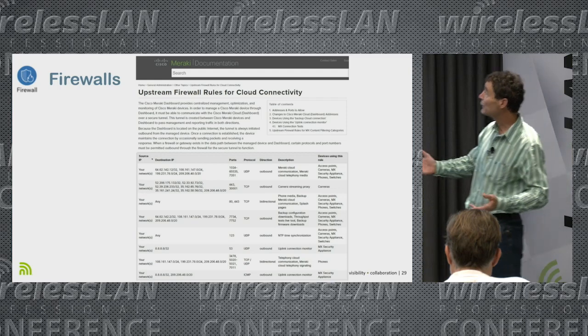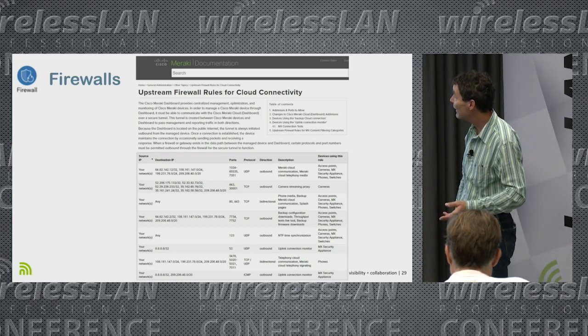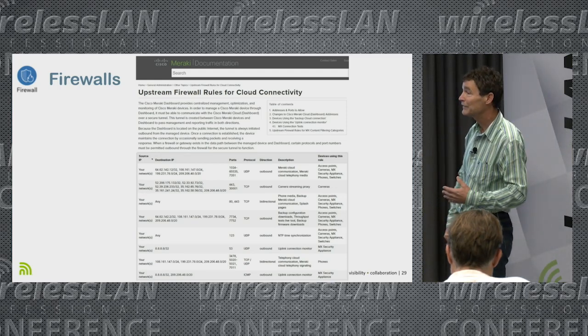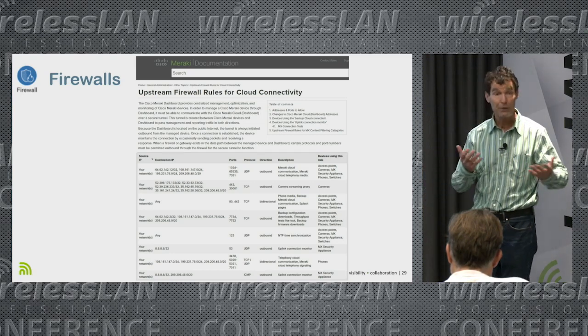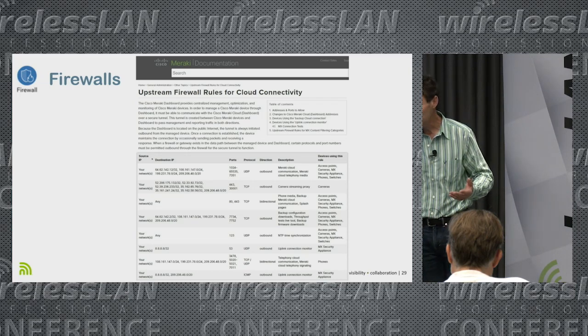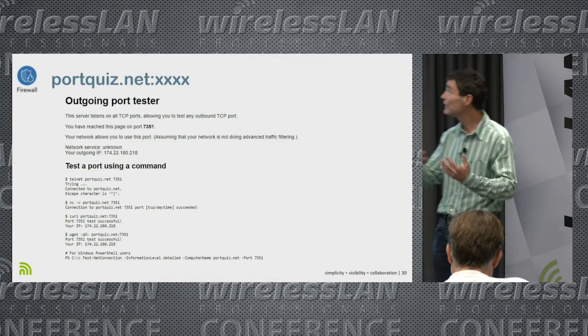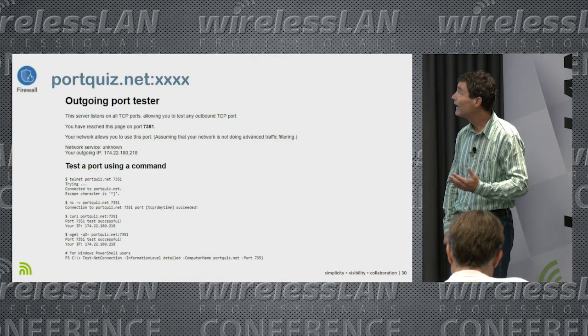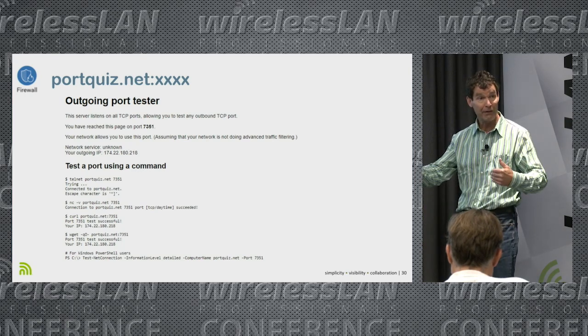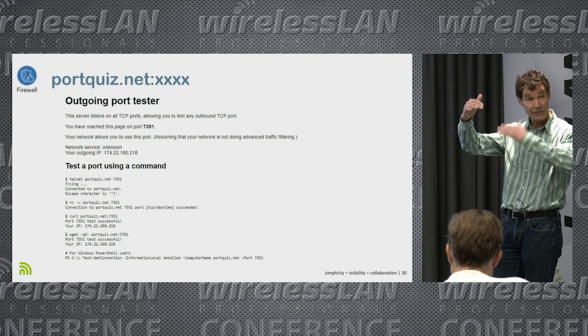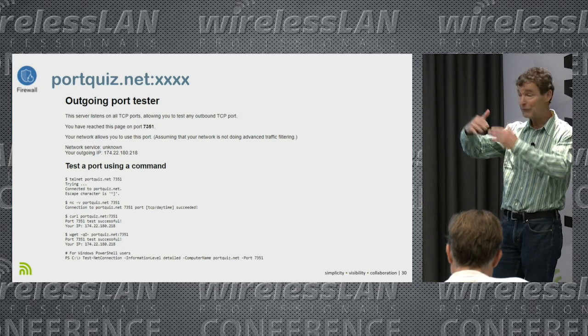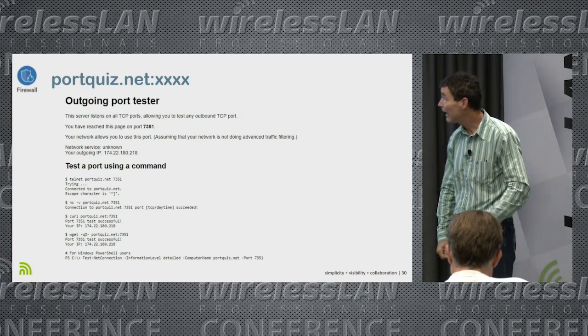And so I went to look at the rules, in this case on Meraki, and wow, it's pretty extensive. That thing uses a bunch of ports, right? And there's a chance that those ports may not be open in the environment you're in. So anyway, I found this cool little website, if you want to know if a port's open on a firewall, where it basically responds with a TCP SYN-ACK on any port from 0 to 65K.